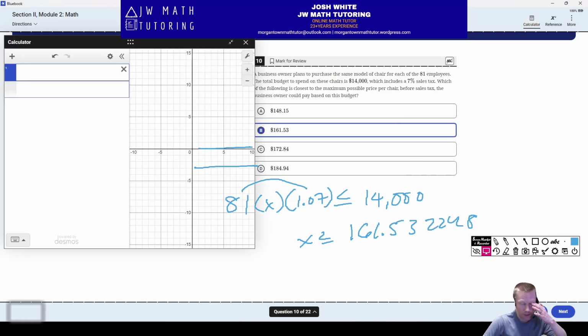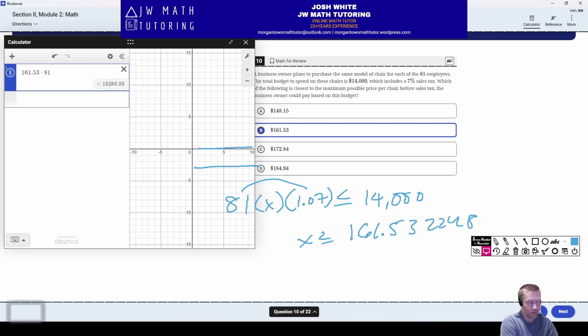And if you just go through and test it, 161.53, let's say that's the cost of a chair. We need to buy 81 of them, and we also have to account for sales tax. Is the amount less than or equal to $14,000? Yes, 13,999.81 it would probably round to. And what I'm doing right here is actually back solving. You could back solve this problem as well.